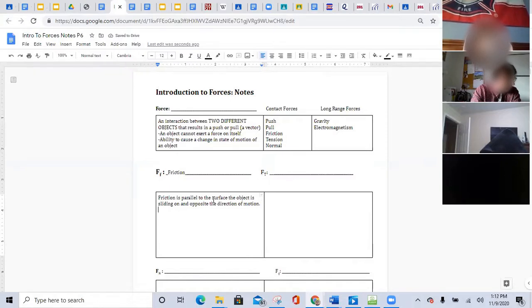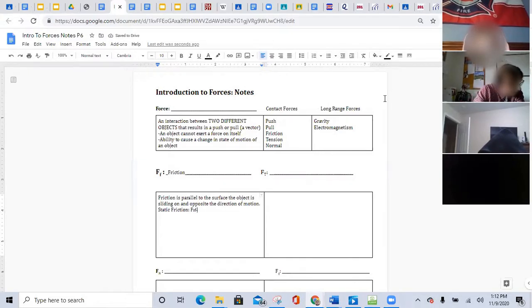And there are two types of friction. There is static friction, which is sometimes abbreviated as F sub SF. And I'm going to make that small. Sometimes I'm going to make it small. Can everybody see that okay? Okay.